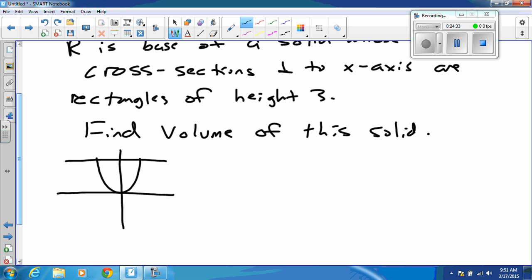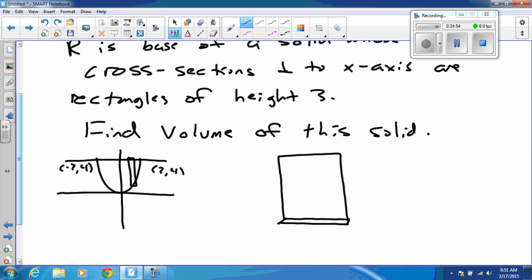And we'll see that that's in fact the case. So we again sketch our region one more time. And we are going to take a representative cut perpendicular to the x-axis, because the problem says so. We're going to pull that cut out of our solid, and we're going to sketch it.